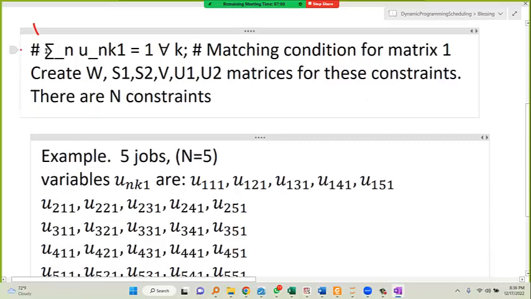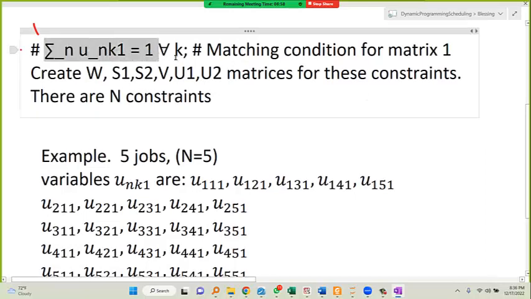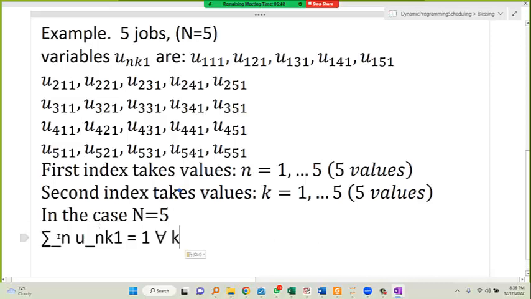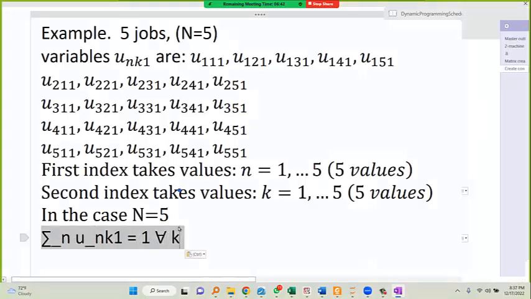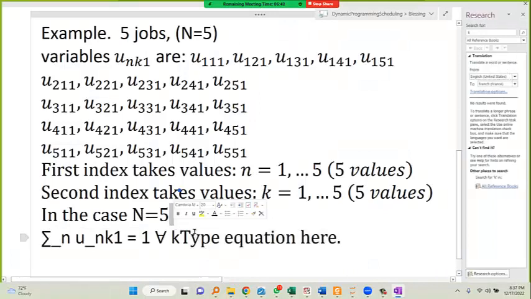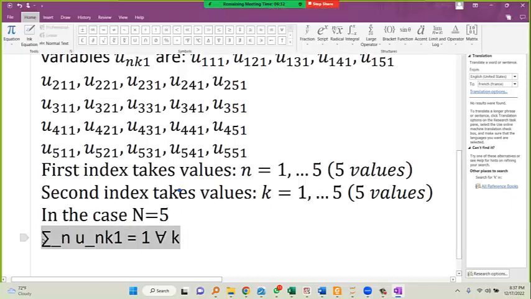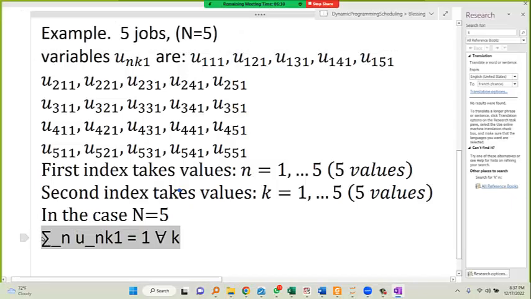Here's the sum. I'll rewrite the equation.